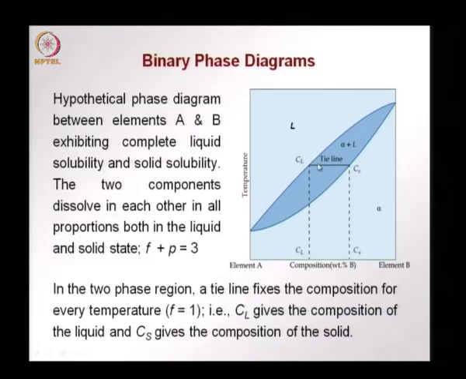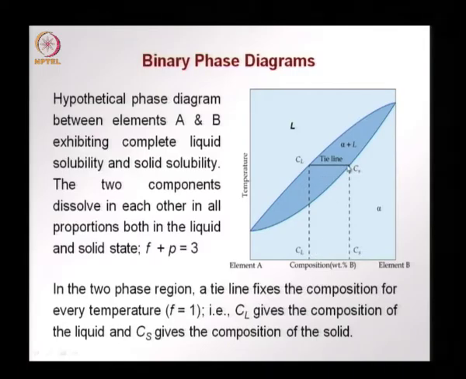Within this region there is only one degree of freedom, that is, if we change the temperature, there is always a corresponding composition. That means that there is a line which fixes the composition for each temperature. This is called the tie line. Cl, that is the composition corresponding to the edge of the tie line, gives the composition of the liquid.